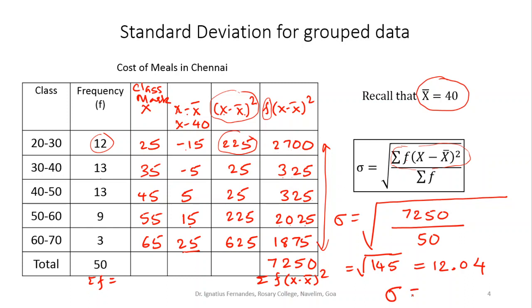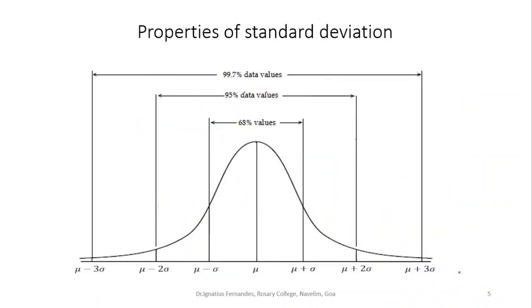So sigma, the standard deviation, is 12.04. For a grouped distribution or a frequency distribution table like this, this is how we calculate standard deviation. In this case it is 12.04.